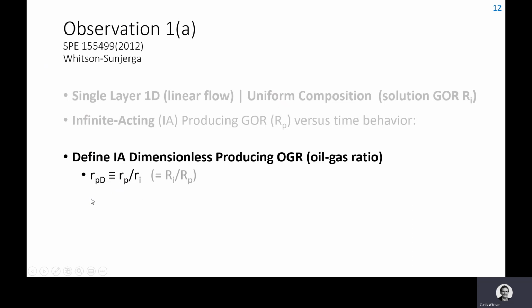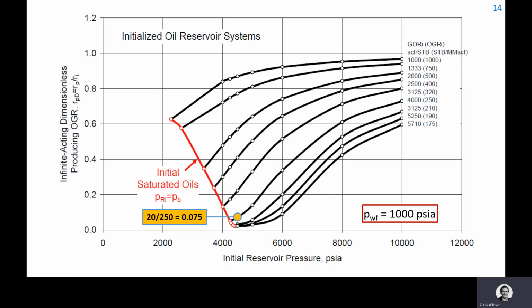We introduced in that paper a dimensionless infinite acting producing oil gas ratio that reflects basically how the oil rate will decline from the initial value, when you're producing the initial solution oil gas ratio, due to two-phase flow effects near the well. This is basically a map for a given fluid type, the Eagleford, at a given flowing bottom hole pressure for varying degrees of undersaturation shown here.